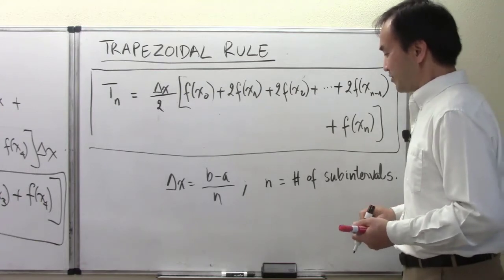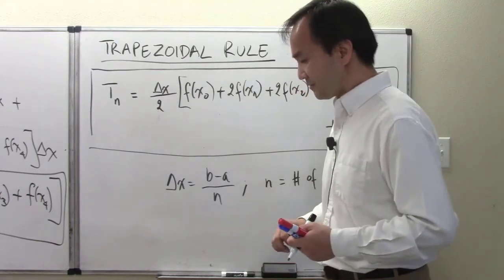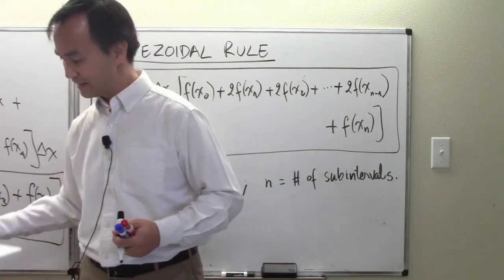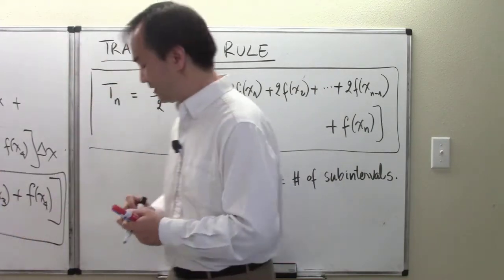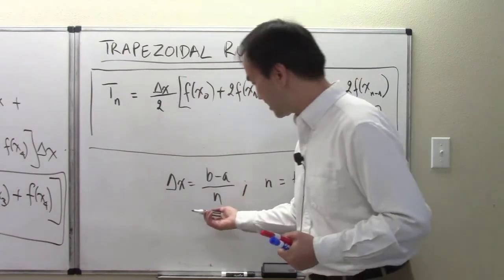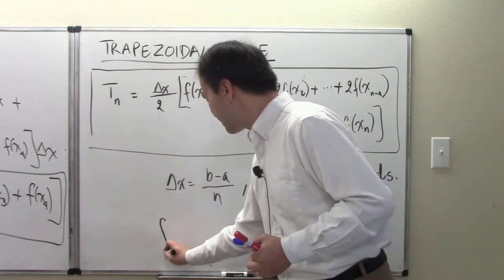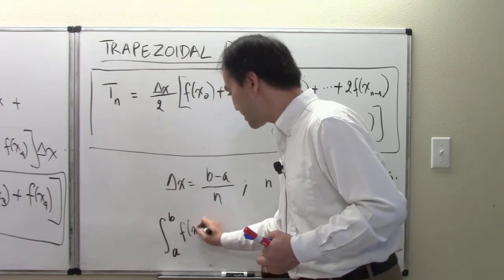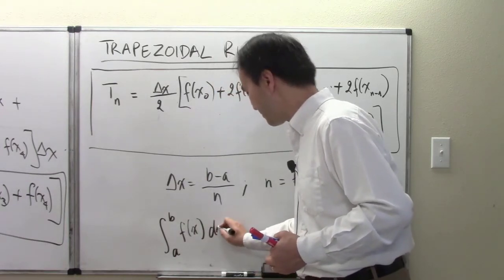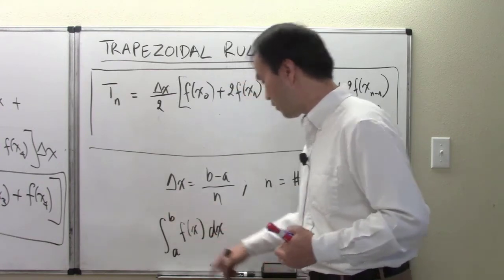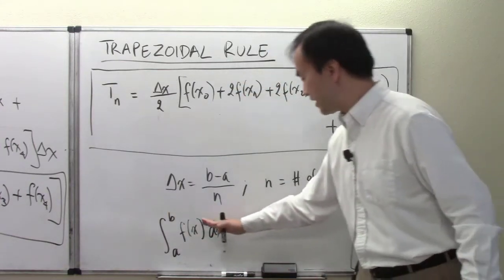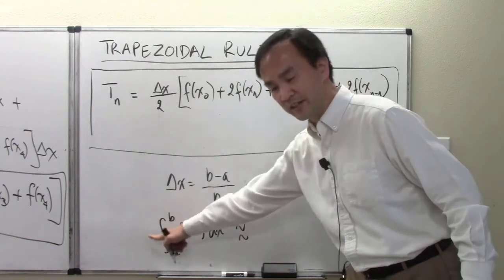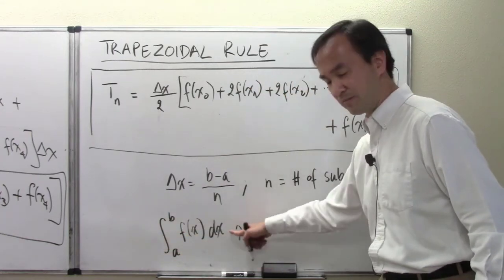Okay, and so now, just in that way right there, you can see that as we're attempting to get the exact answer on this definite integral of the function f of x over the interval from a to b, the answer to that definite integral can be approximated. That's why I'm using this symbol over here.